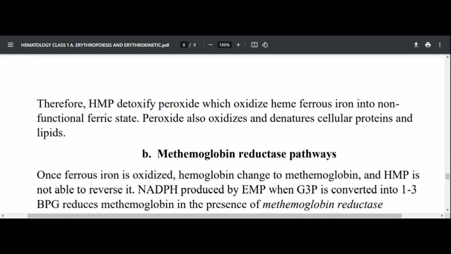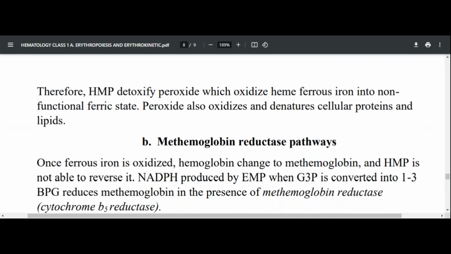Therefore, the hexose monophosphate pathway can detoxify peroxide, which oxidizes ferrous iron into non-functional ferric states, and can also oxidize and destroy proteins and lipids. By trying to remove peroxide, glutathione is oxidized, and it requires NADPH in order to be reduced again and continue its work.